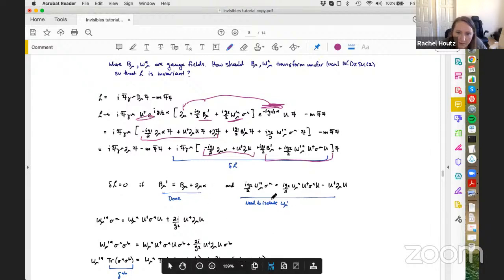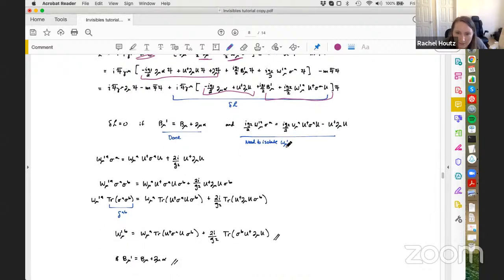And then for W, we need the W mu prime to transform like this. But for the B mu, we're done. We know how it transforms. For the W, the W mu prime has this sigma a next to it. So we want to isolate W mu prime. We don't want to just know how W mu prime times sigma a transforms.